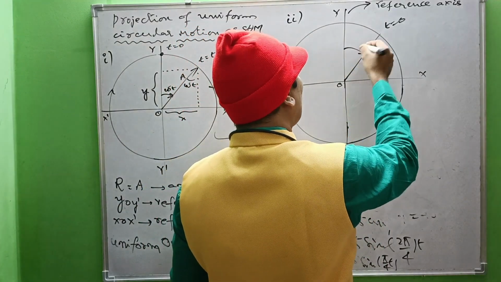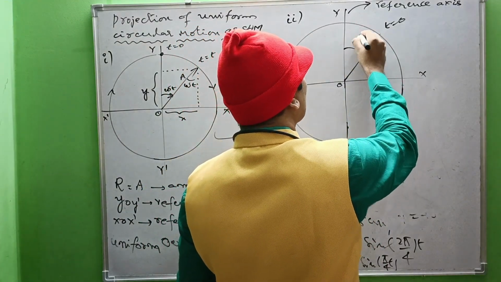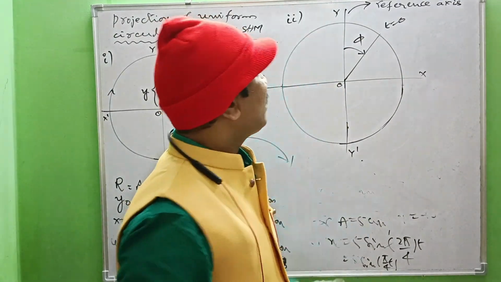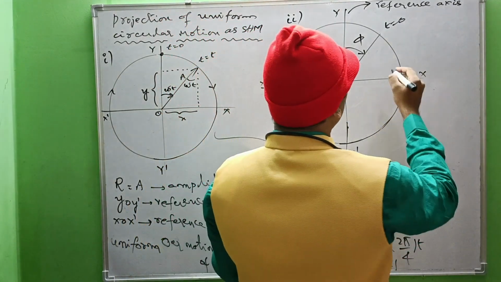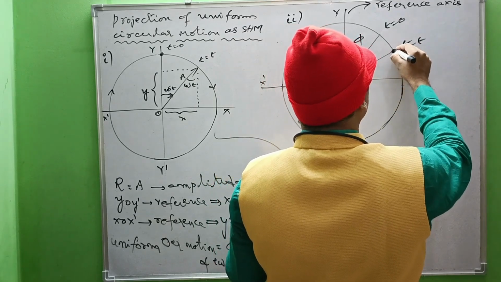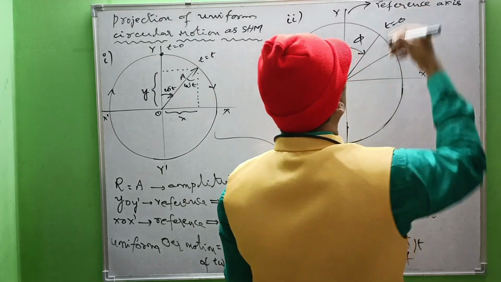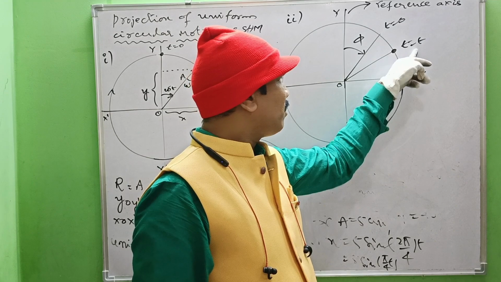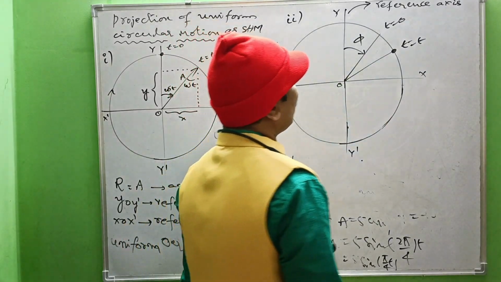When t equal to 0, it already has some initial phase pi with respect to reference axis y dash. So at some other instant t equal to t, let this be the position of the particle. See, at t equal to 0, this is the position. At some instant t, this is the position of the particle, right?